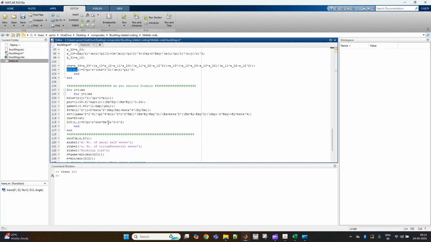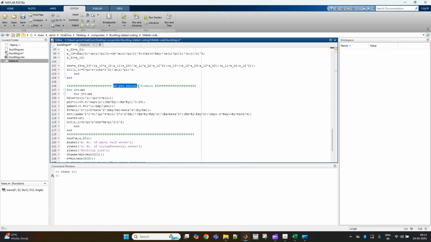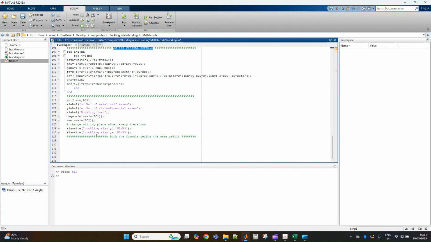The first formula is as per the new document. Sorry, the second formula is as per the old document, which already contains that, so we should not multiply the knockdown factor after that. Anyways, after that we have plotted the value of the buckling load as a function of both m and n, and some basic things we have printed.